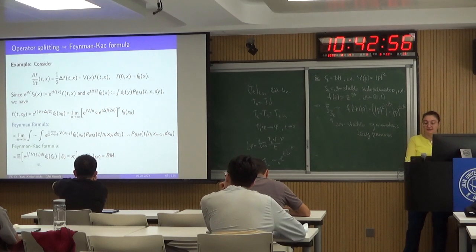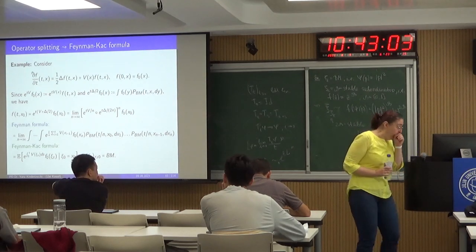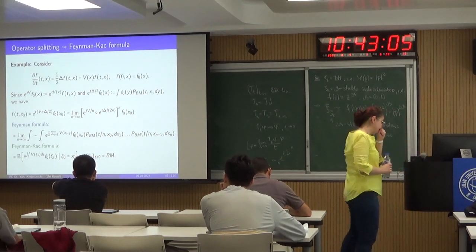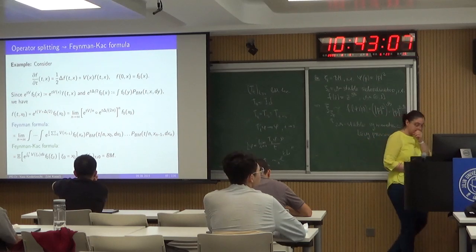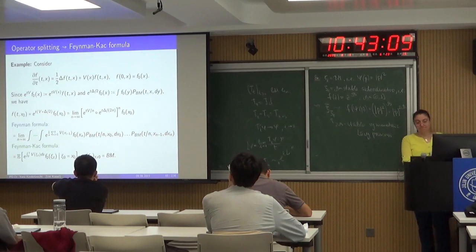This is the classical standard Feynman-Kac formula. The semigroup here is related to a process of Brownian motion, but its stochastic representation has not only this term, but also some extra terms, a more advanced function of Brownian motion.